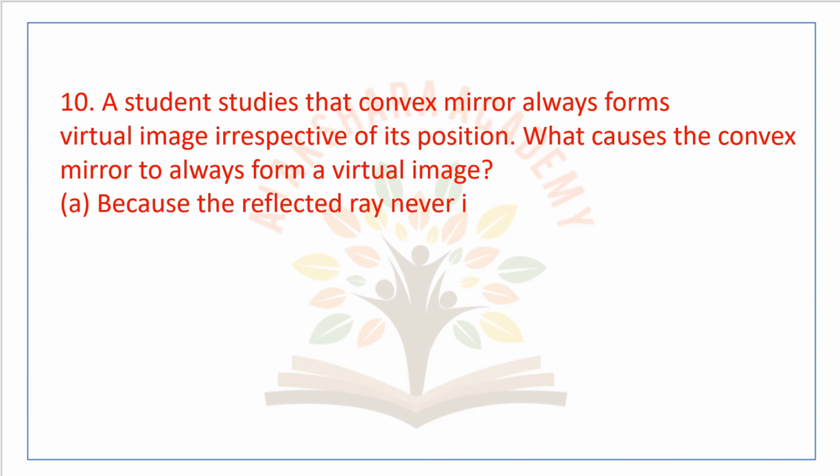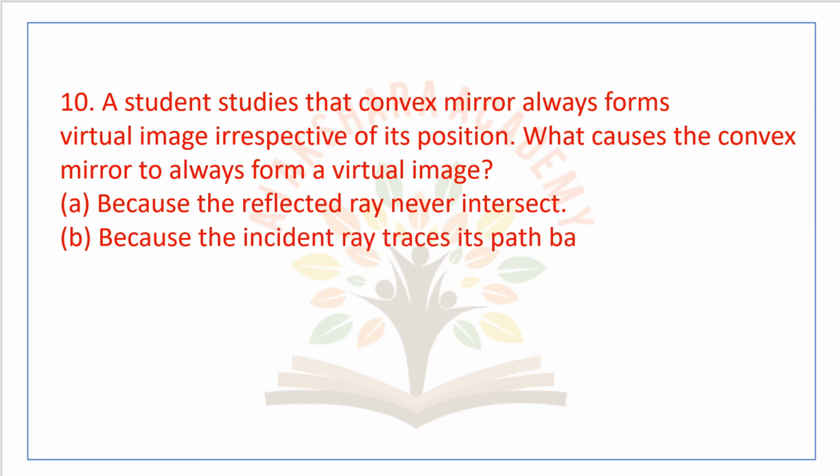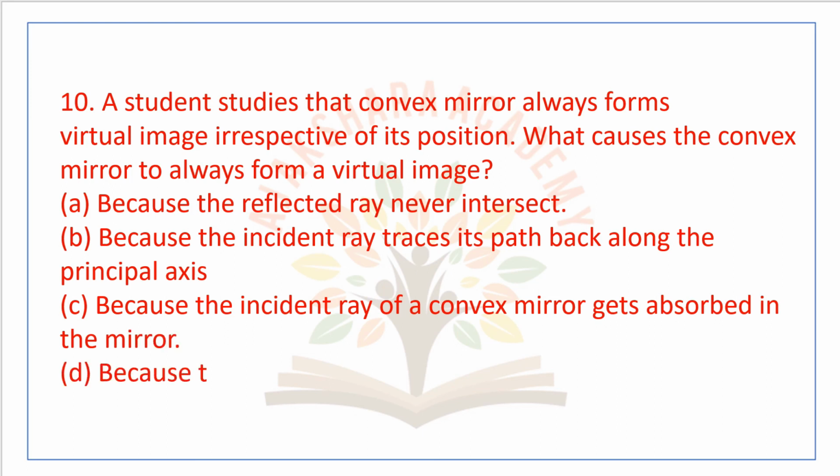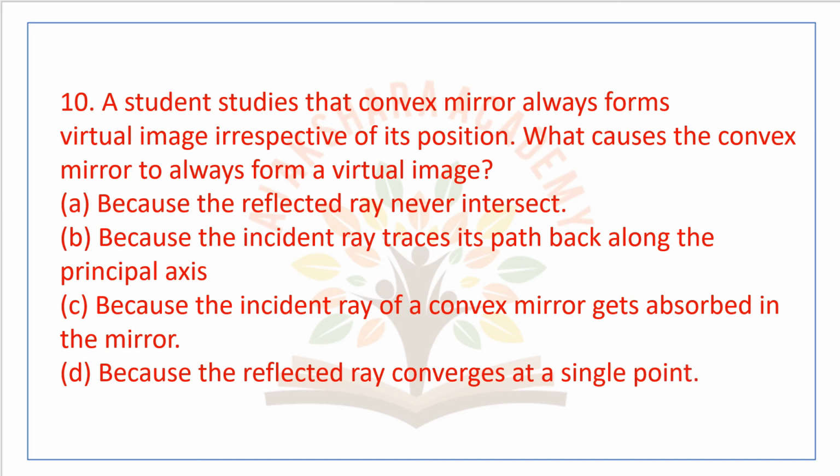Because the reflected rays never intersect, because the incident rays trace their path back along the principal axis, because the incident ray of a convex mirror gets absorbed in the mirror, or because the reflected ray converges at a single point. So here the question is, what causes the convex mirror to always form a virtual image?